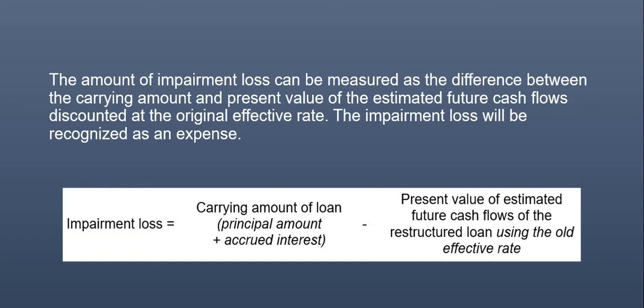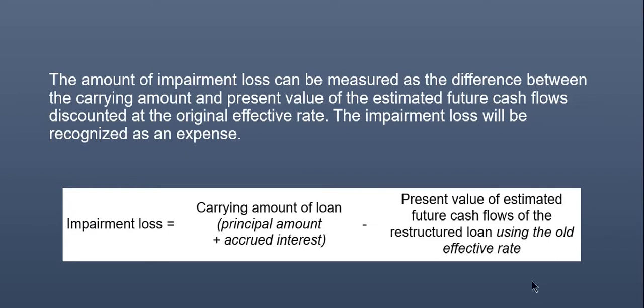To compute, we have a formula. You just have to get the difference of the carrying amount and the present value of estimated future cash flows. The carrying amount of the loan includes the principal and the accrued interest. So the balance of the loan at the time of the estimate plus the accrued interest, if there is any, is its carrying amount.